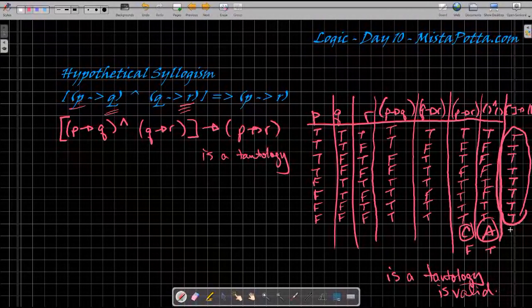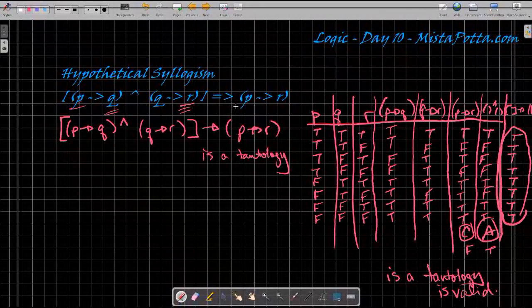So what's different here is that for our hypothetical syllogism, I've got another conditional involved for a premise. And my conclusion is also a conditional. So that makes this probably one of the easiest ones to identify.